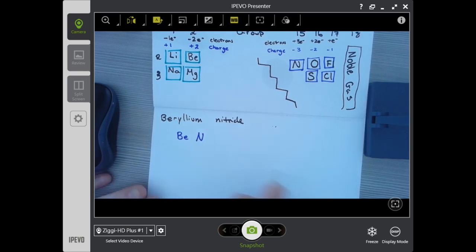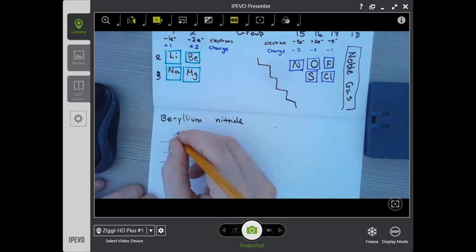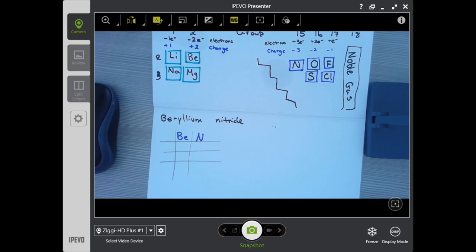Okay, and we're worried about the same stuff. We are worried about the charge, first of all. That's going to dictate everything. We're worried about the amount. And we're worried about the total, which we need to make sure is balanced. Okay.